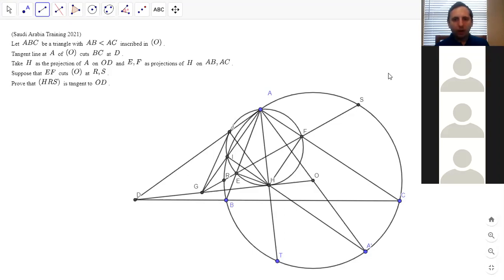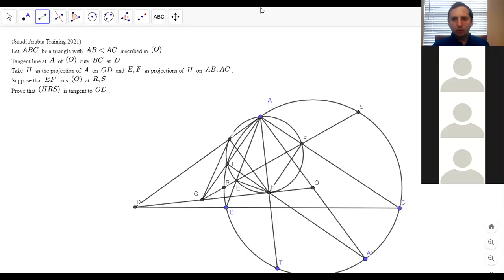Okay. Let me check the chat. Let's see what Khan said. The circle with G is orthogonal. How do we know that circle is orthogonal to O?